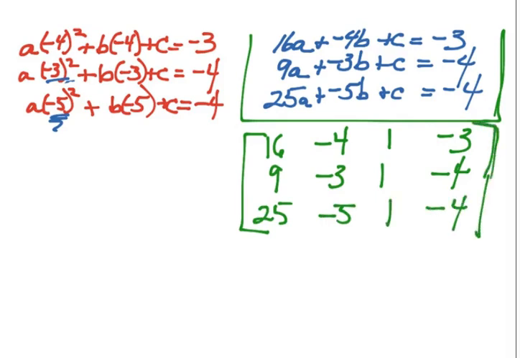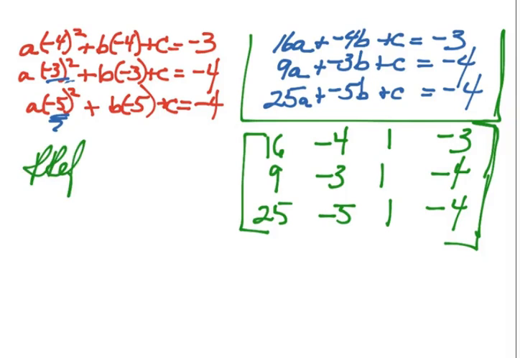That's a matrix, and we know how to solve that. We can input it into our calculator. We can do RREF, reduced row echelon function, and we get an answer.